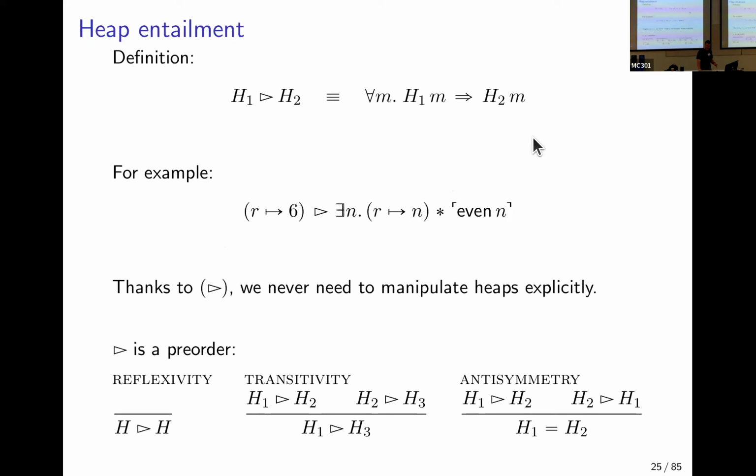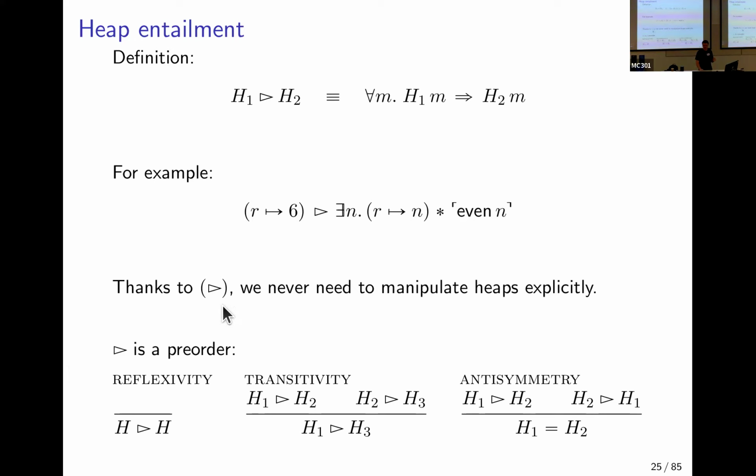Okay, so once you have this, you can define the pre-order heap entailment. H1 entails H2 just means that H1 of M implies H2 of M for every M. So for example, R points to 6 entails there exists an N such that R points to N and N is even.